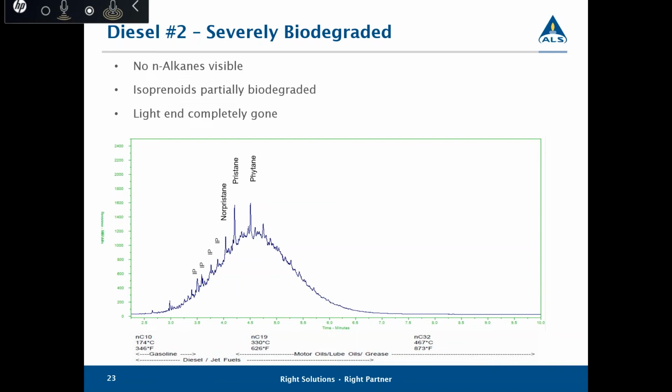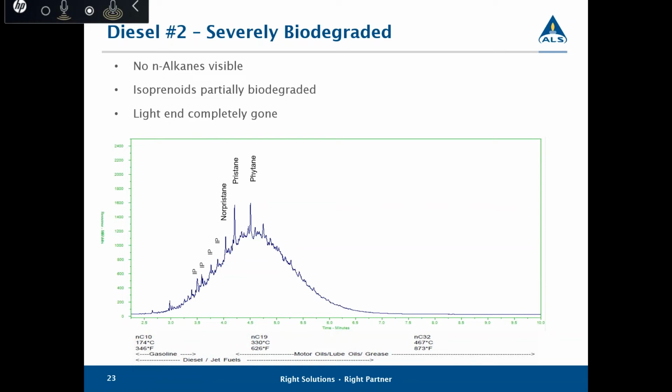And when you move to look at the severely biodegraded diesel, like this chromatogram here, the alkanes are completely removed. So first the small chains and after the larger chains. So you can see that most of the light hydrocarbons are completely gone.